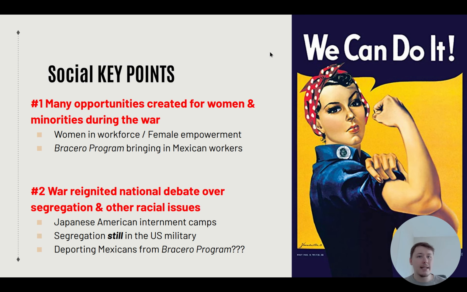Now, the idea, this is the big blot on FDR's reputation. I believe it was Executive Order 9066. Andrew Franklin can correct me if I'm wrong on that in class next week. The idea was that Japanese Americans were going to spy for Japan during World War II or somehow betray the country.